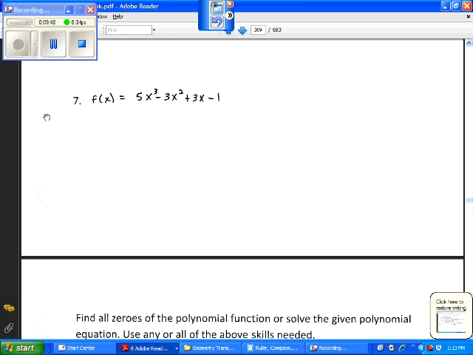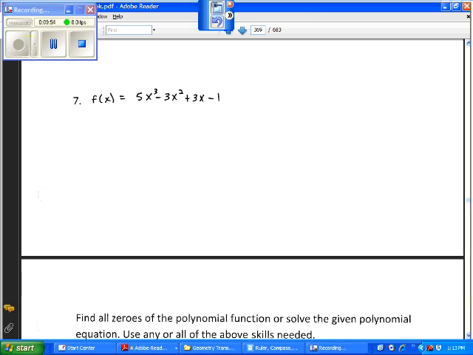Number 7. To check for the number of possible positive real zeros, we're going to look at the signs that were in the original function, and the signs are positive, negative, positive, negative. Once we've determined the signs, we can then determine the number of sign changes.